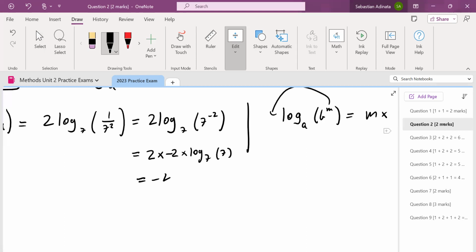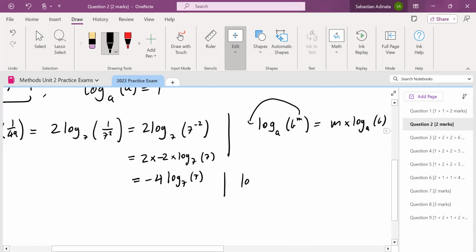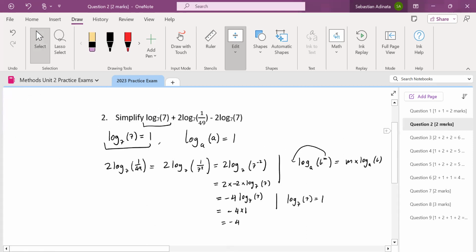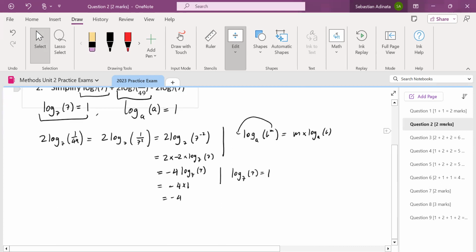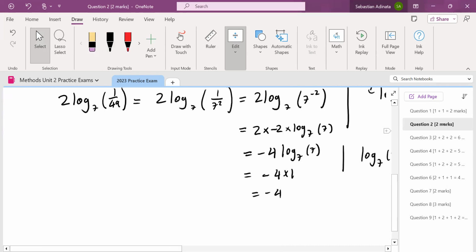Simplifies to negative 4 log 7, 7. And from before, we know that anything to the base of the same thing is equal to 1. So this is equal to negative 4 times 1, which is equal to negative 4. So this part is done. Now let's move on to the last part. Negative 2 log 7, 7.